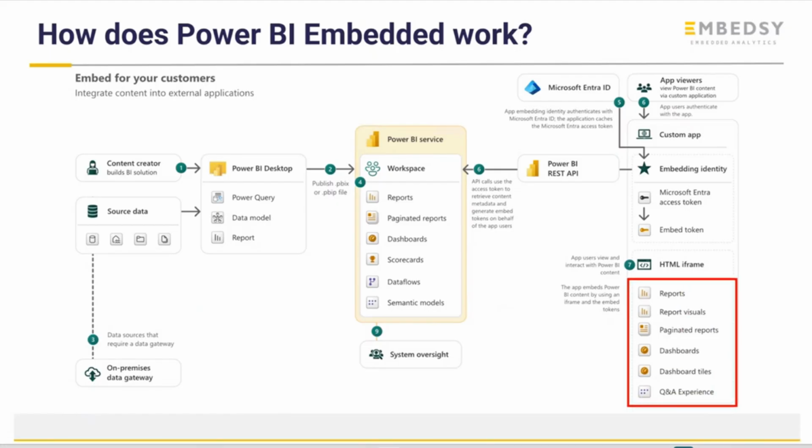So we can embed reports, paginated reports, dashboards, single visuals. And I think single visuals is quite an interesting one, because you might want to have a single visual on your public facing website, for example. Or you can embed 2 visuals and even make them cross-filter each other, which can be quite nice.